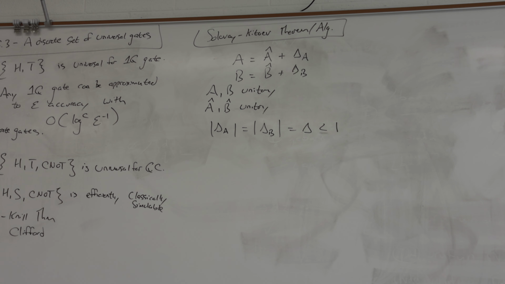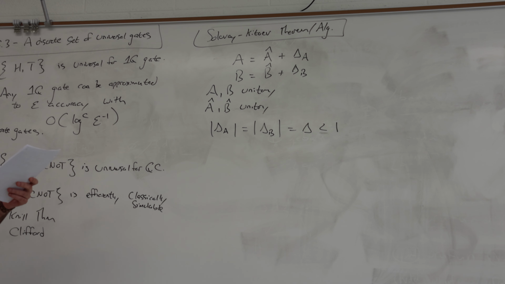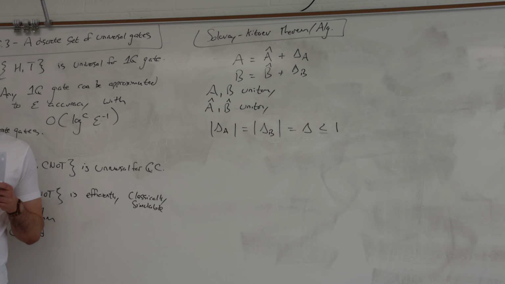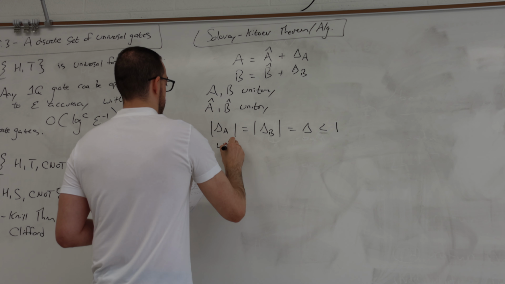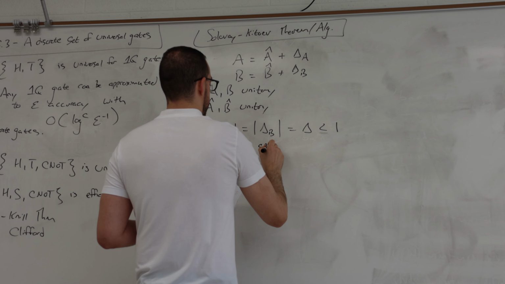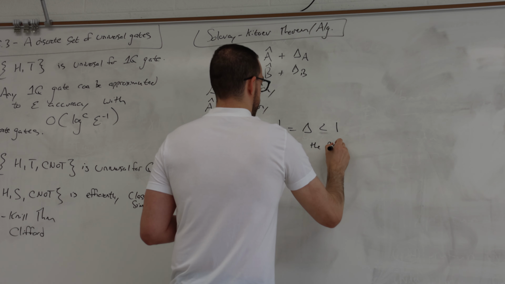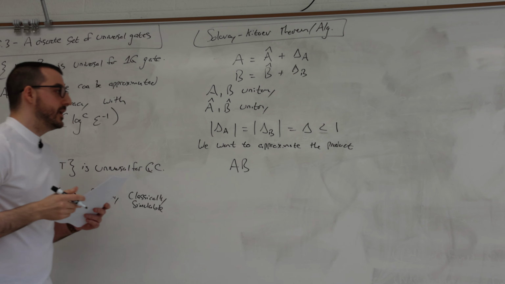So we're imagining we have these approximations, A hat and B hat, to gates A and B. And we're going to think about using them to approximate the product, A times B. And why do we care about this?